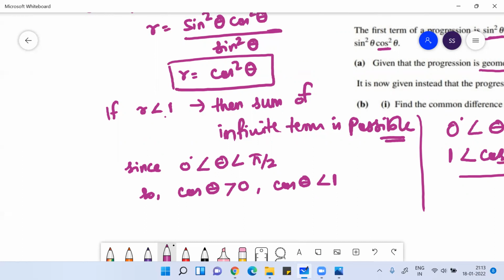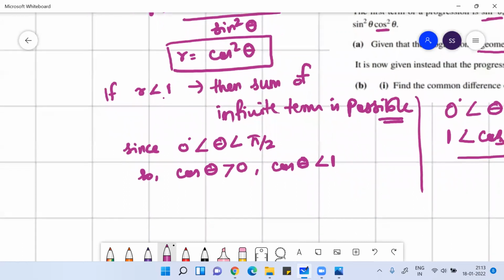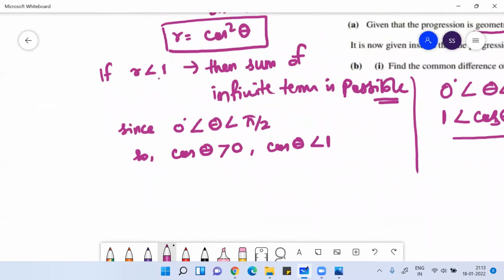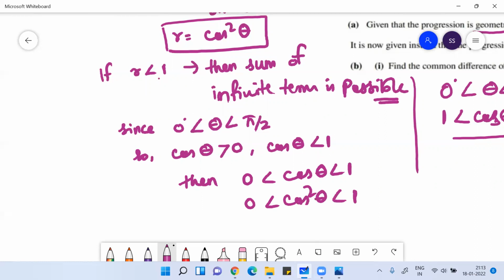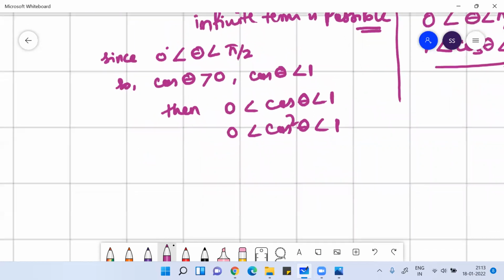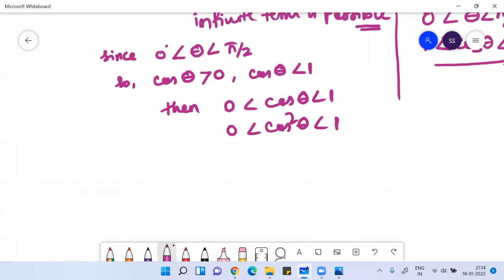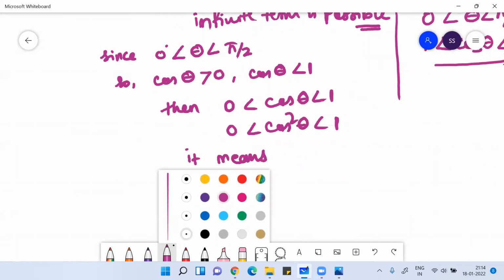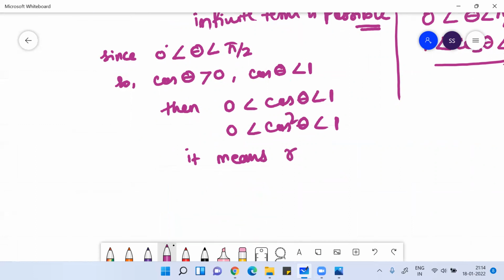So if cos theta is between 0 and 1, your ratio cos square theta will also be between 0 and 1. It means r, the common ratio, which is equal to cos square theta, is less than 1.